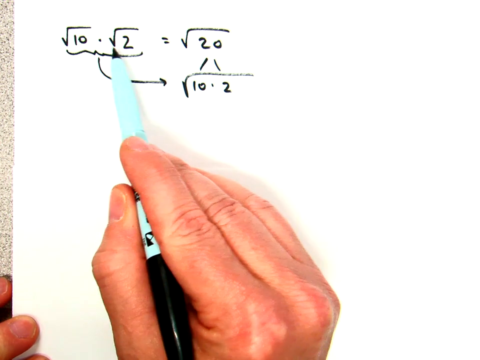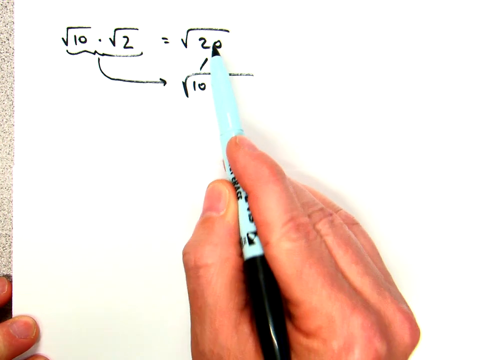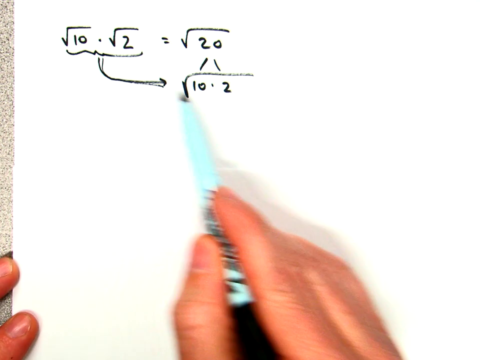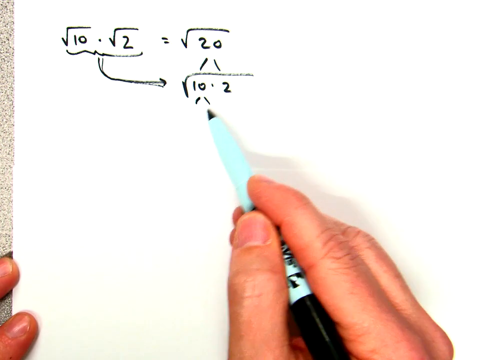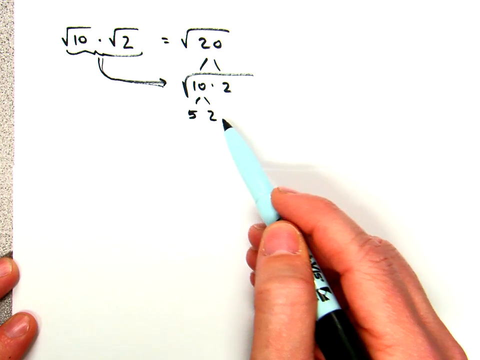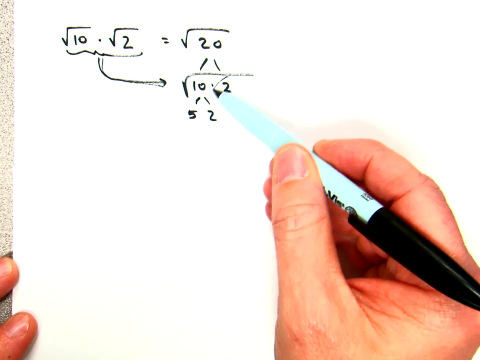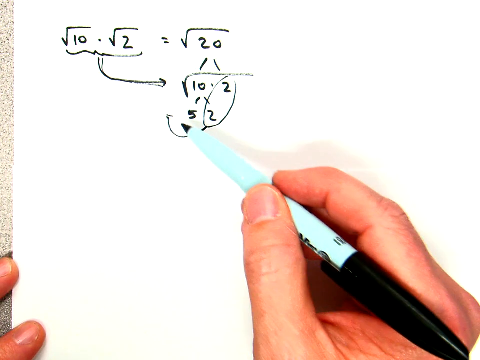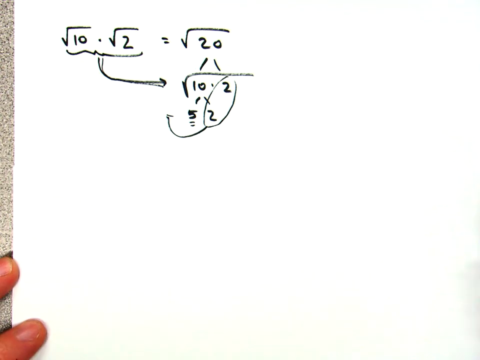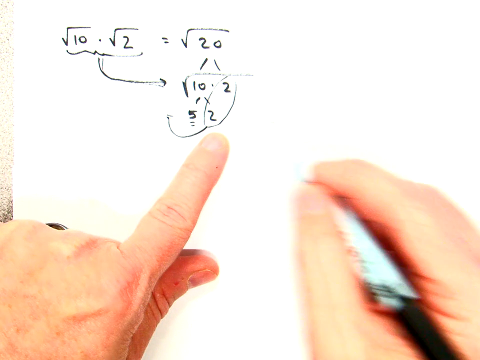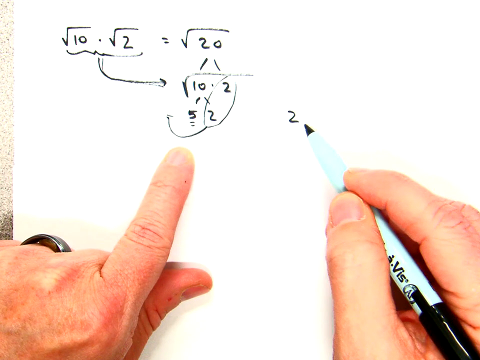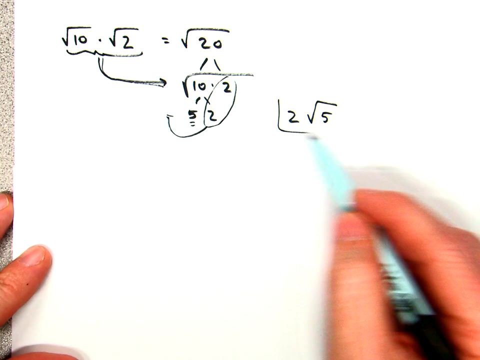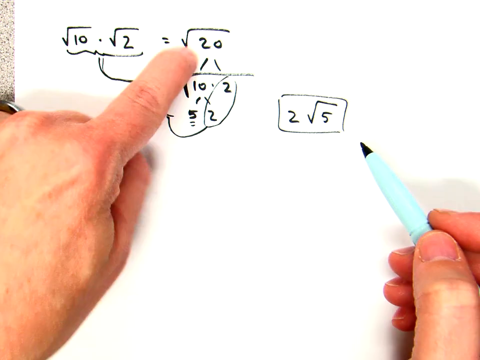So instead of putting 10 and 2 and making 20, and then breaking 20 back down into 10 and 2, we can just take the 10 and the 2, put them under the same root, and then just continue to reduce as we normally would. We can say we got 2 2's, so we can pull a 2 outside the root, and this 5 is left underneath. We pulled the 2 out, the 5 doesn't have a pair, so he's going to stay underneath the root, and we were able to multiply and simplify.